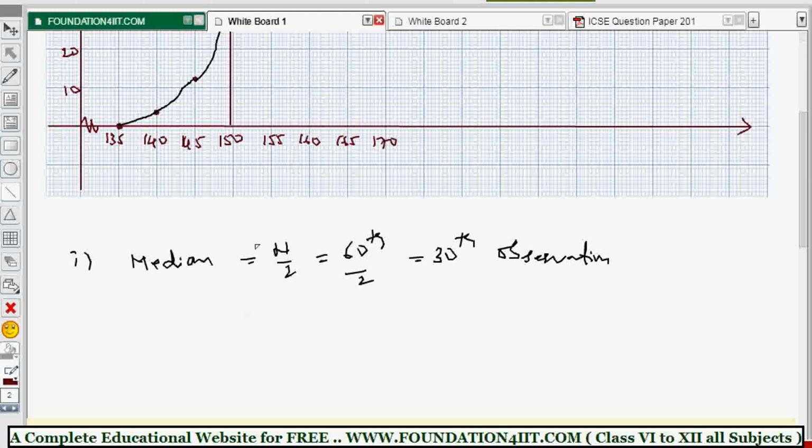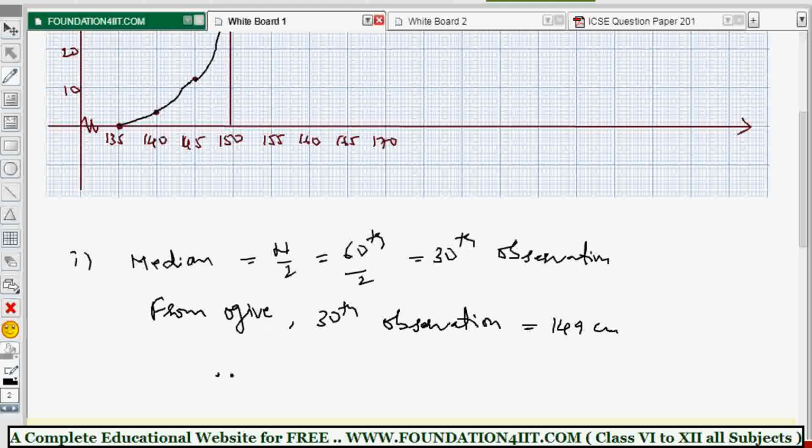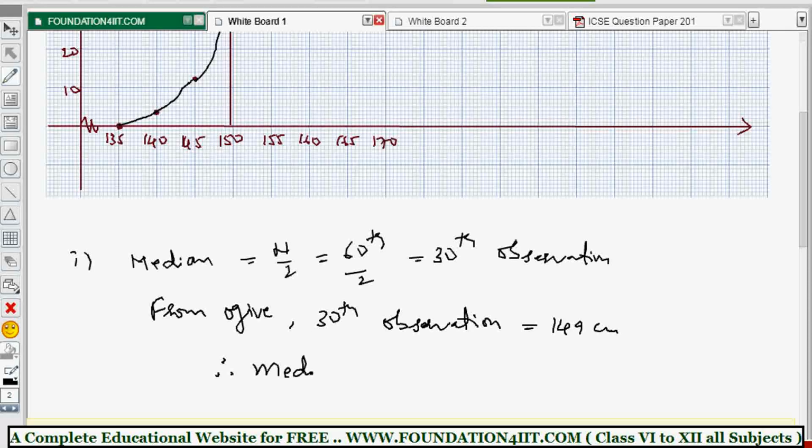So from the ogive, the 30th observation is equal to some 149 centimeters. Therefore the median is equal to 149 centimeters.